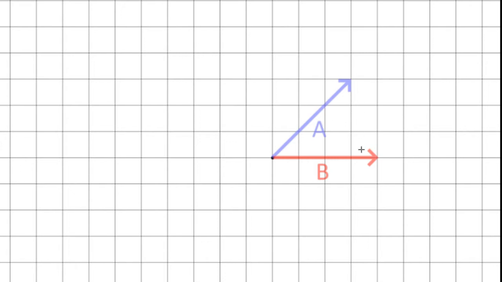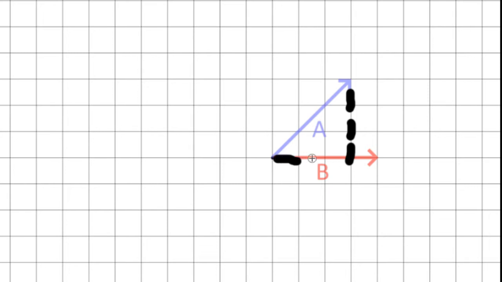So for this example, let's say for vector B, just to take one vector as an example, we can see that some component of vector A is described by vector B. If we draw a dotted line down, vector A has two components.